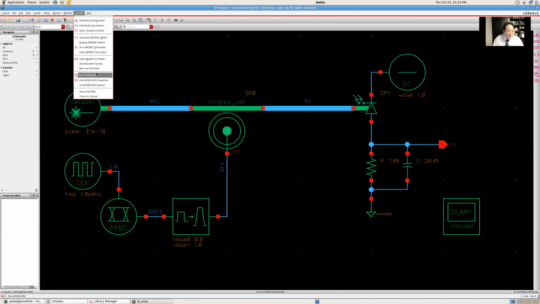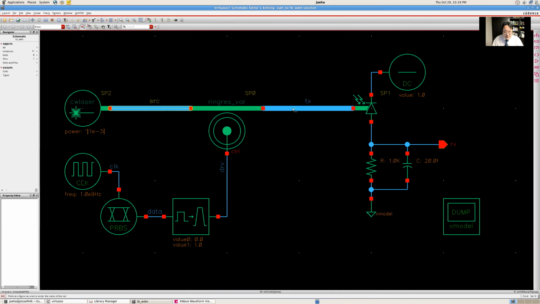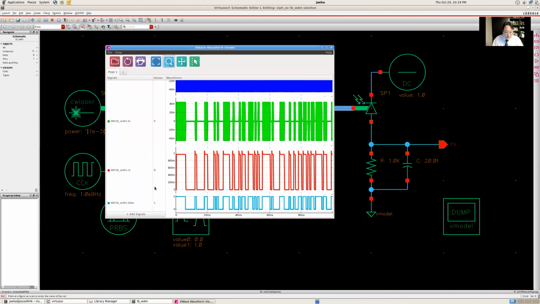Let's pull up the waveform. And here's the source. Okay, let me just click them first: source, modulated optical signal, and the received signal. And let's see this digital data we're sending. Okay. All right.